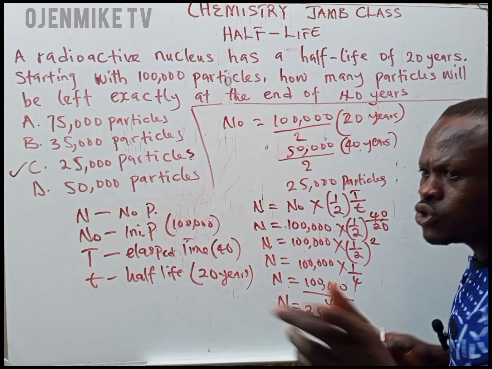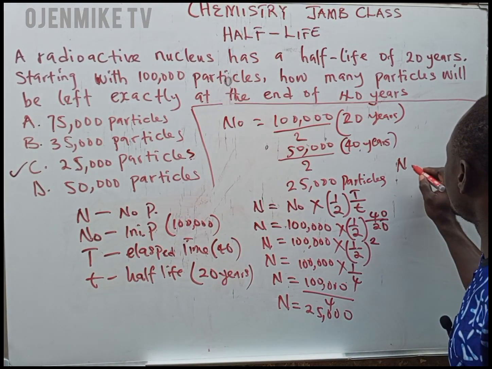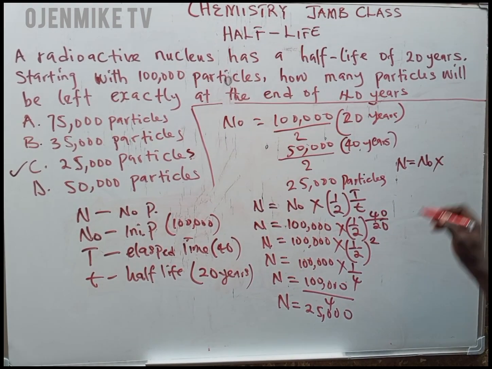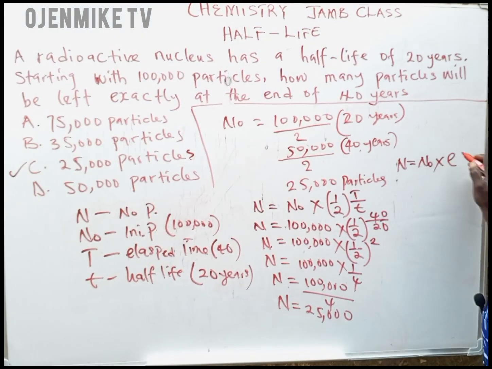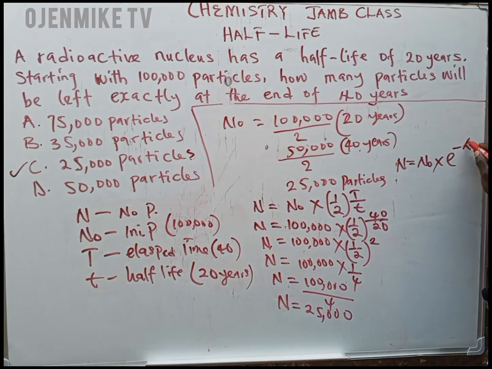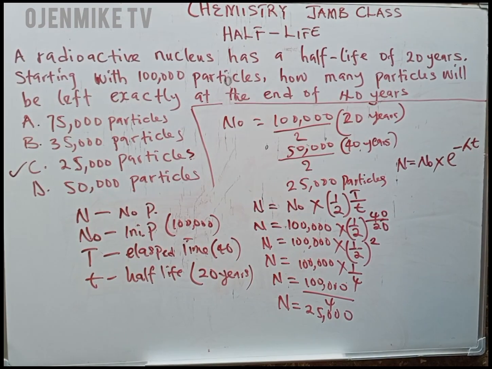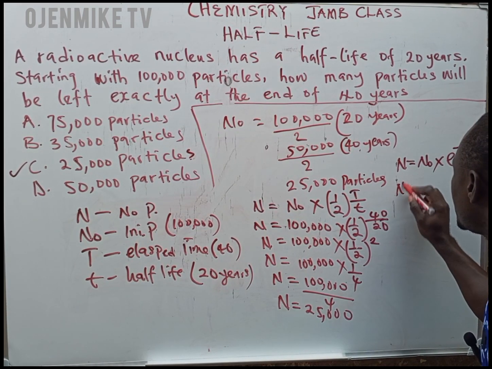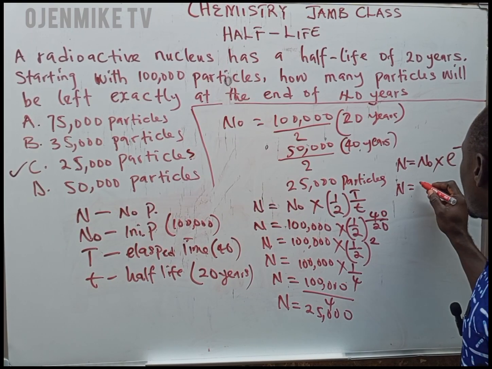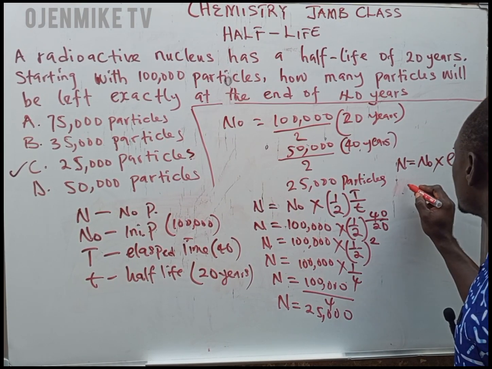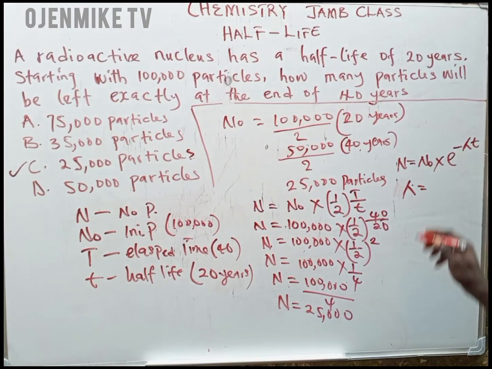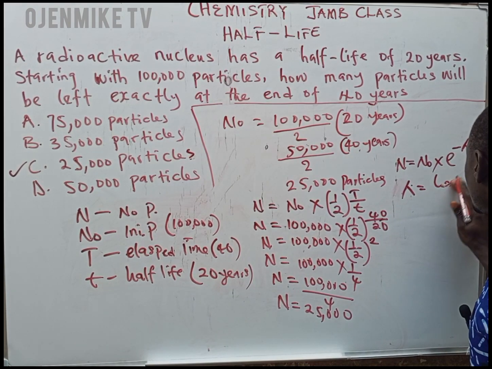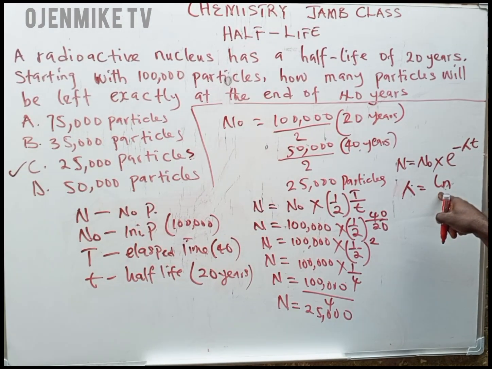The second formula: N equals N0 times e raised to the power of minus decay constant times T, where T is the elapsed time. The decay constant is given as ln 2 over the half-life time, and you need to memorize it. The ln is on the calculator.